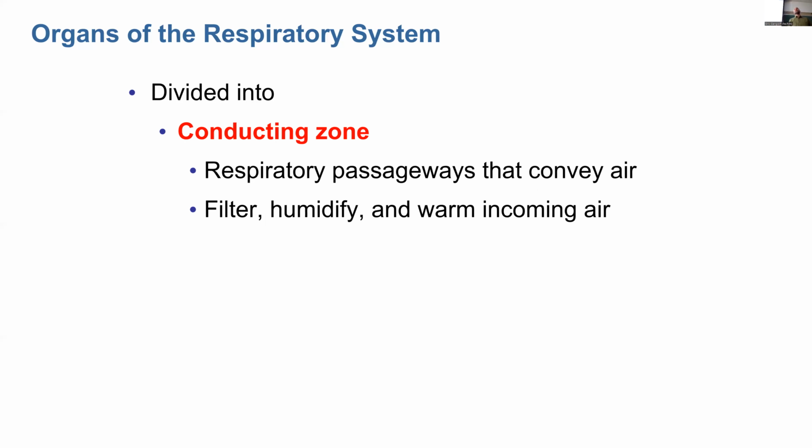Because when that air gets to your lungs, you want it to be clean of particles or potential pathogens. You need it to be humid because the gas exchange depends on that fluid environment, that water environment. And you want it to be warm because you don't want those structures to experience cold temperatures because they won't work as well as you lose compliance in your lungs and things like that. So the conducting zone are these passageways through which air moves, but they serve important functional roles in filtering, humidifying, and warming that air before it comes in.